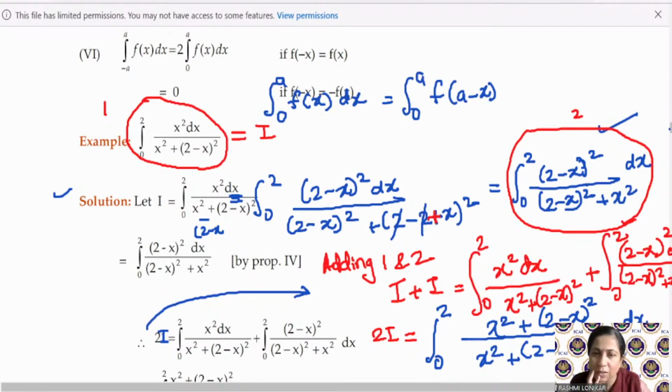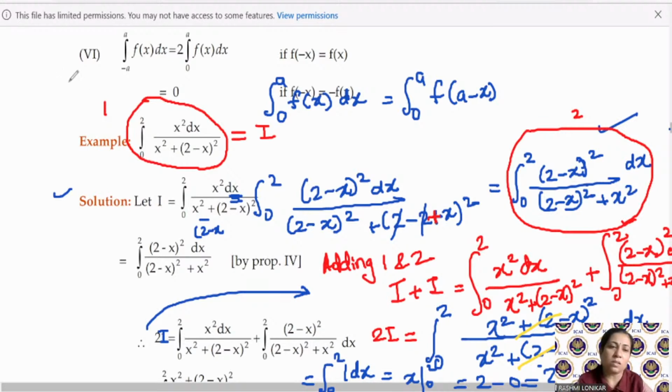So I can simply cancel, and what is left is 1. This is equal to the integral of 0 to 2 of 1 dx. The integration of 1 is x, with limits 0 to 2. So substituting, it is 2 minus 0, which is 2. So this value is equal to 2.